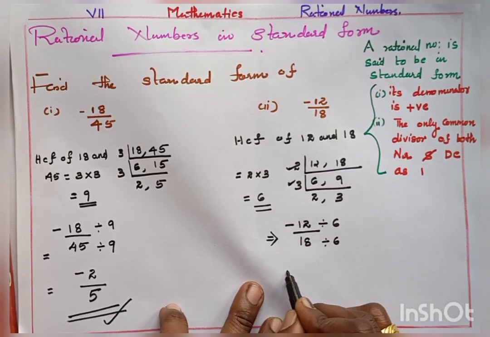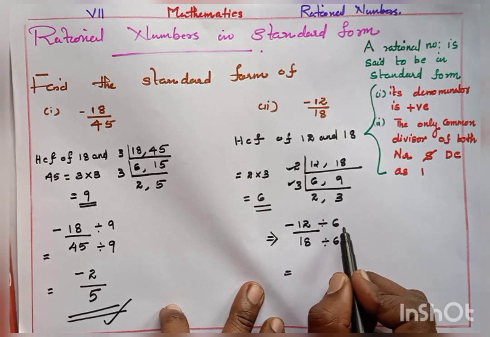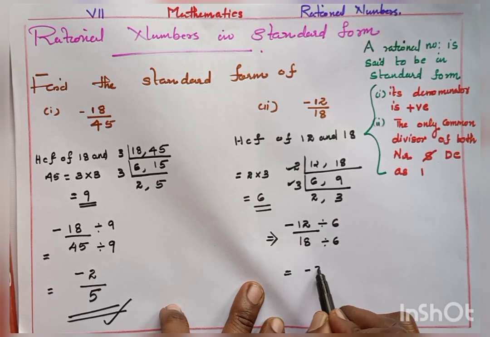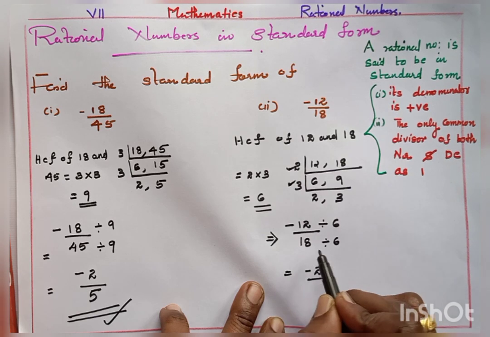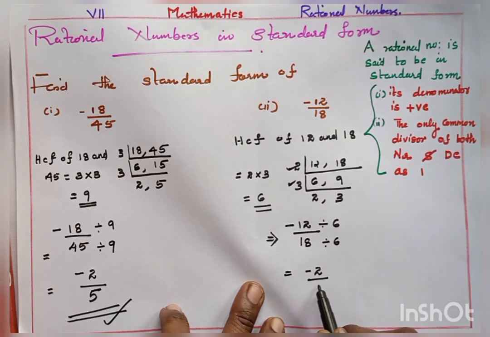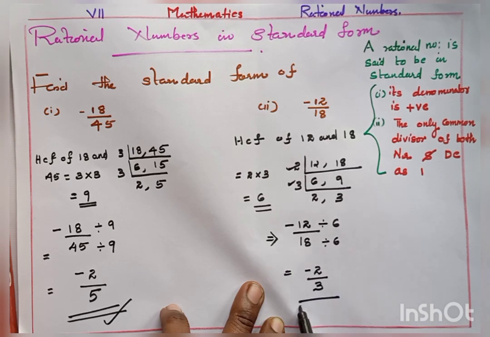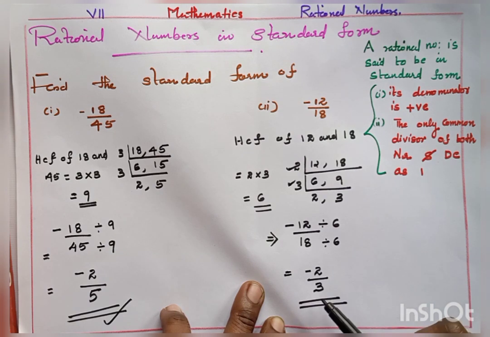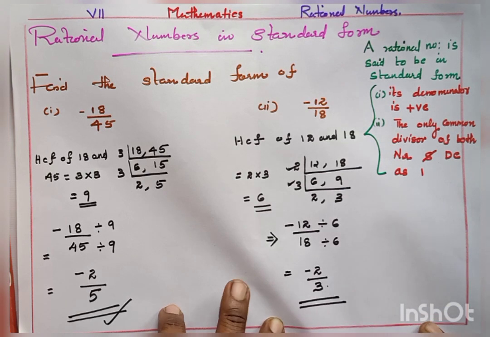So we get minus 12 divided by 6 is minus 2, and 18 divided by 6 is, yes, 3. 3 6s are 18. So minus 2 by 3 is the standard form of minus 12 by 18. The denominator is positive and the only common divisor of numerator and denominator is 1. Okay, understood all of you?